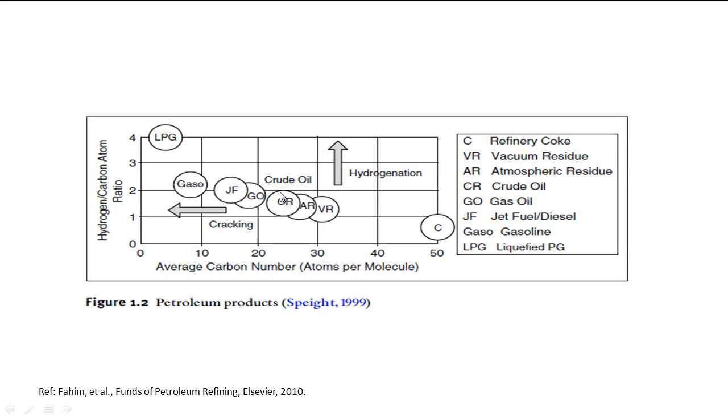The same thing applies to making LPG from the crude oil. There are still two reactions involved. The higher portion of hydrogenation should take place to get more LPG from the crude oil.